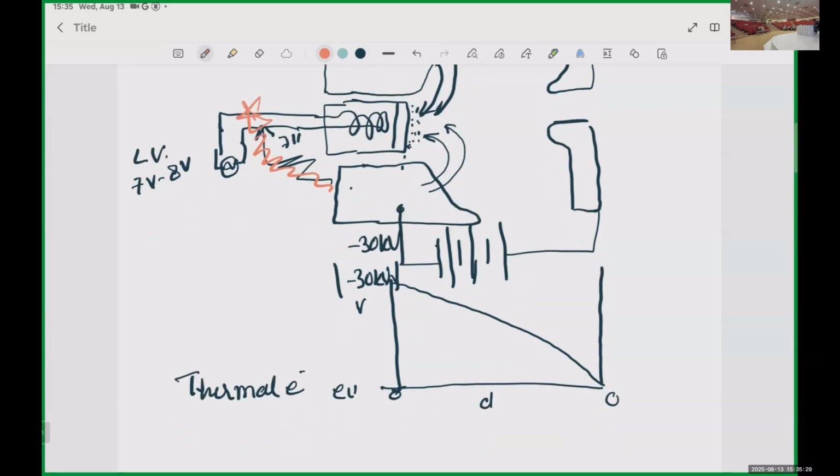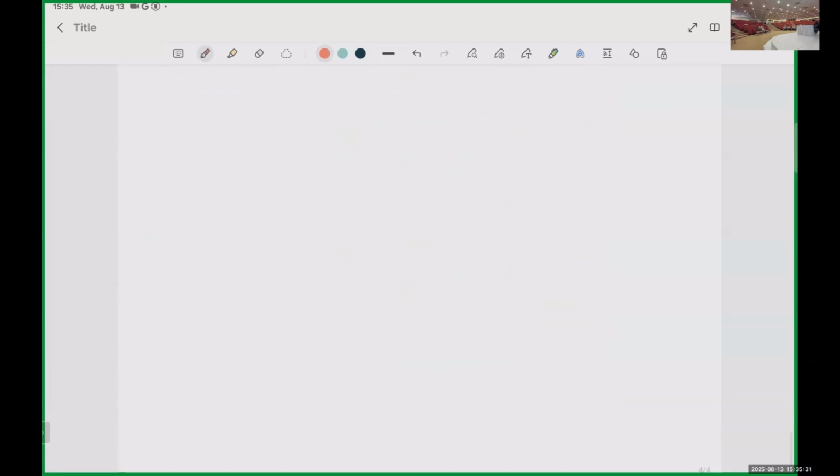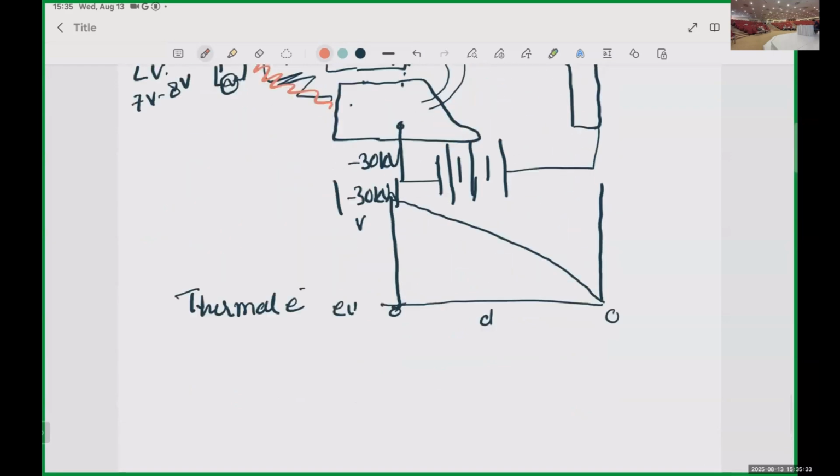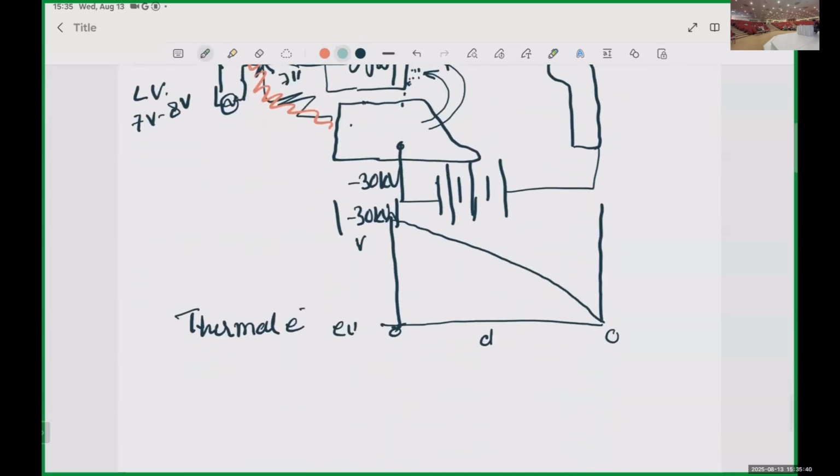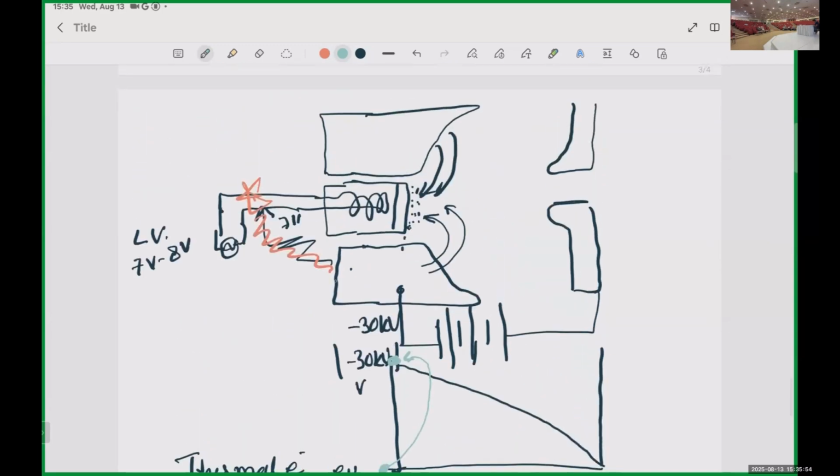Maybe it's too rushed, I will draw a new diagram, or I can use a different color maybe. Okay. So what you do is that you take your electrons and shift them on the top of these potentials. How do we do it? We raise the ground of this supply to minus 30 keV.